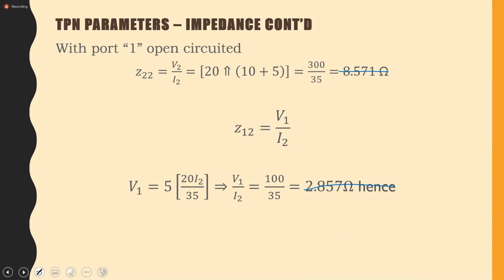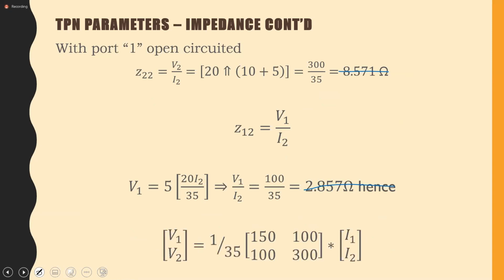So I can write my matrix equation. So I have V1, V2 is equal to 1 over 35, 150, 100, 100, 300 times I1, I2. Any questions?